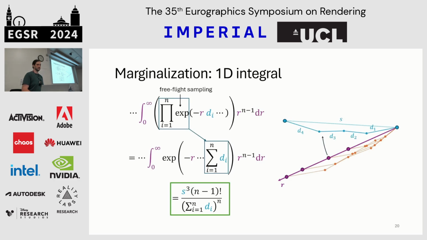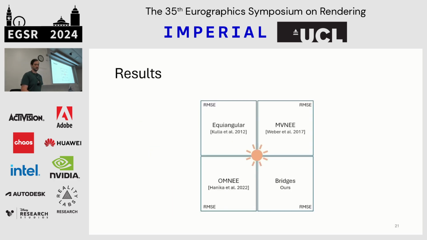So now let's just look at some results. I'll show it on a simple test case scene where we have a point light source in the middle, and this is all embedded in an infinite homogeneous medium. We'll compare against equiangular sampling, the multiple vertex NEE, Omni, once more scattered next event estimation, and ours, of course.